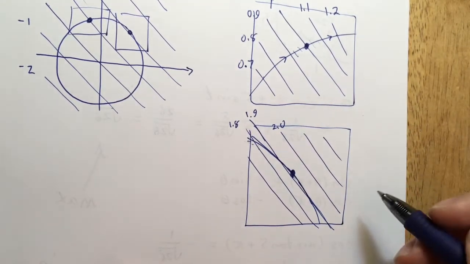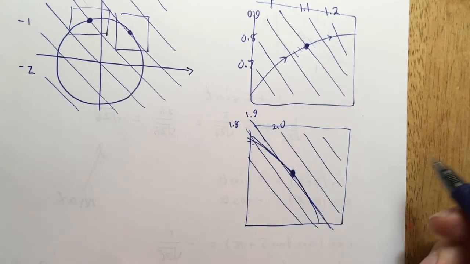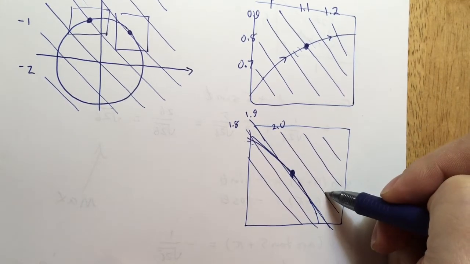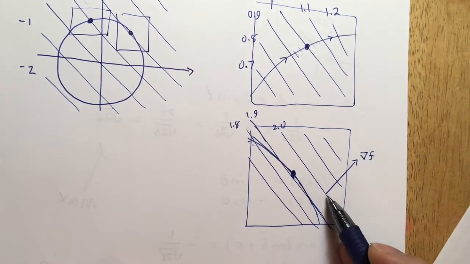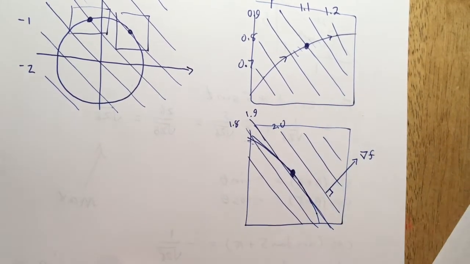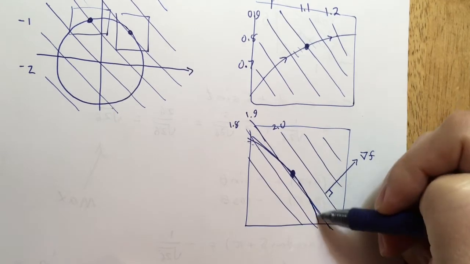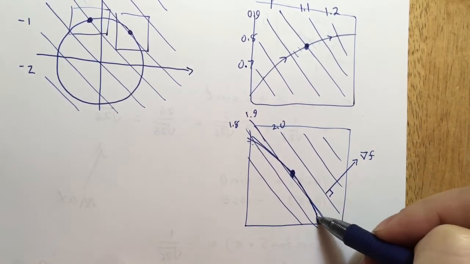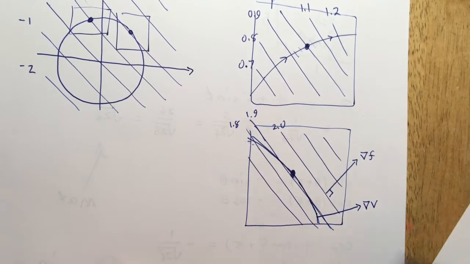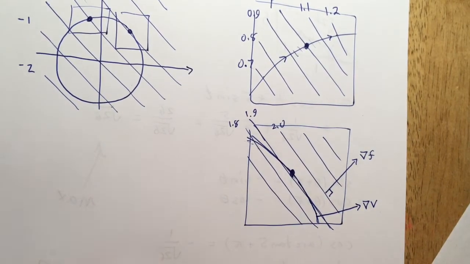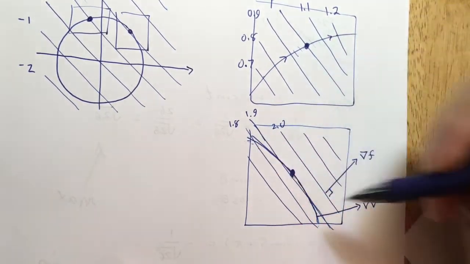Well, if I look at the gradient vector for the level curves, we know that the gradient of f points orthogonally to the level curves. And the same thing, if I take the gradient of the constraint function, let's say my constraint function was called v, that's orthogonal to the constraint curve.